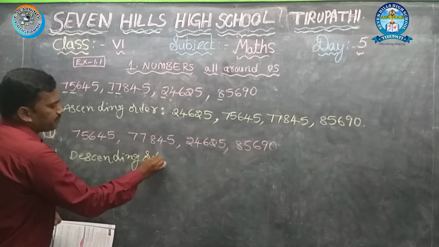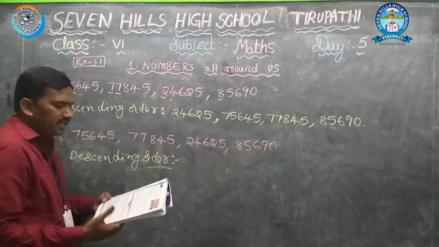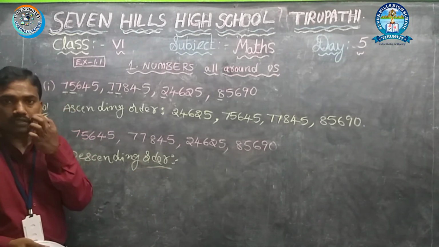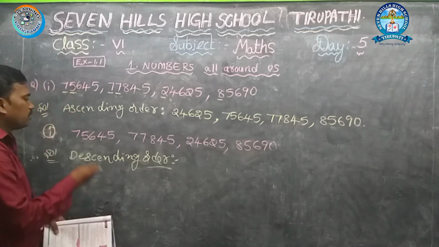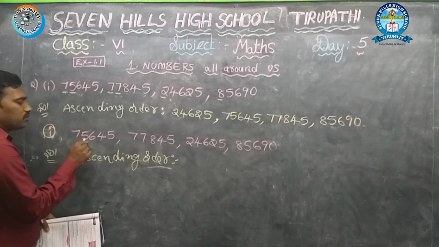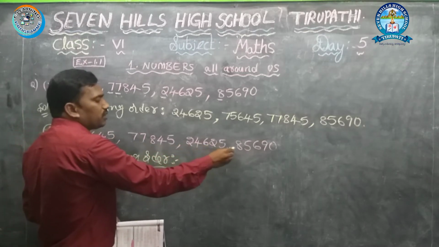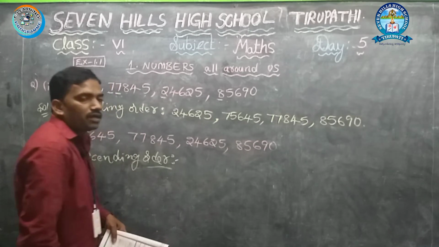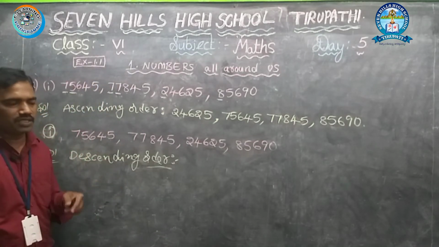Descending order means big to small. Here all the numbers have 5 digits.